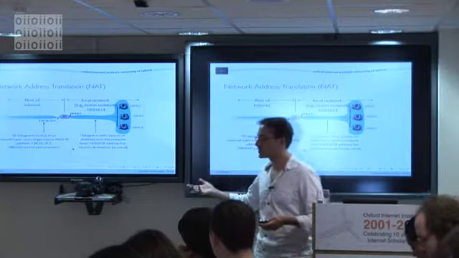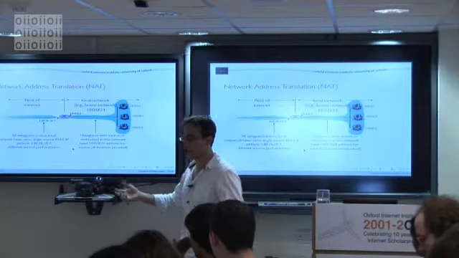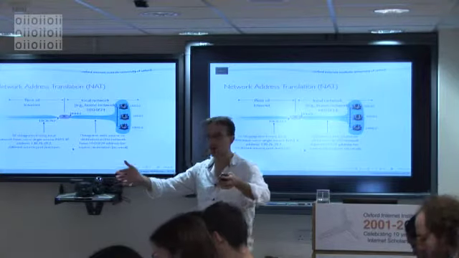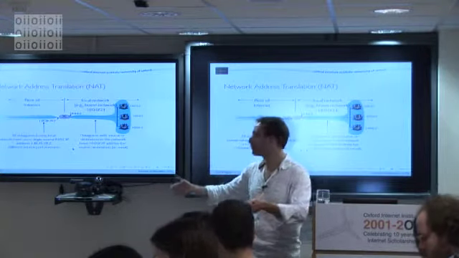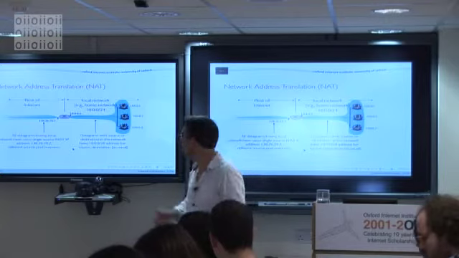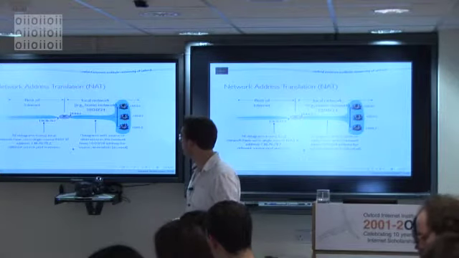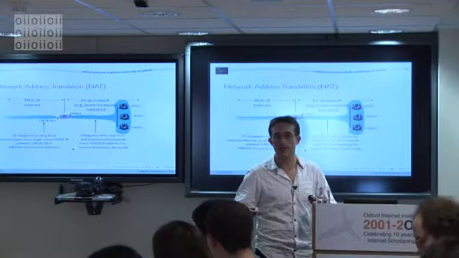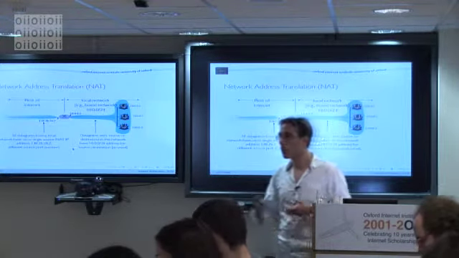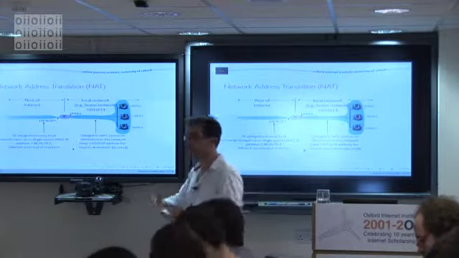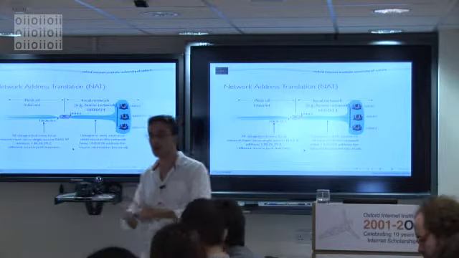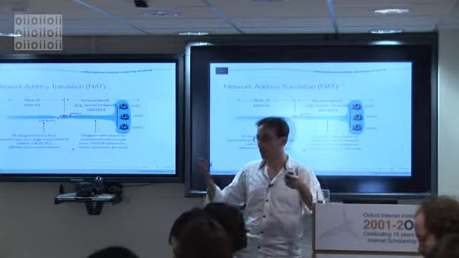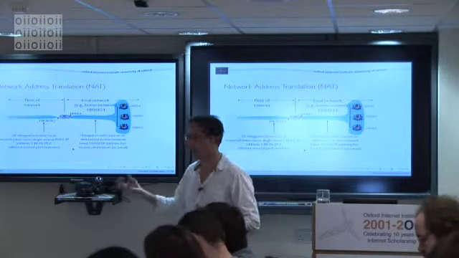If you were running a large organization, you maybe have a certain allocation, you've bought a certain number of IP addresses from the people that distribute these things, and you don't want to waste them on a computer that never really needs to be reachable on the internet. Specifically, a web server needs an IP address because people are going to connect to it from all over the internet. But the computers that you're using right now don't necessarily need specific IP addresses so that people can get to them.